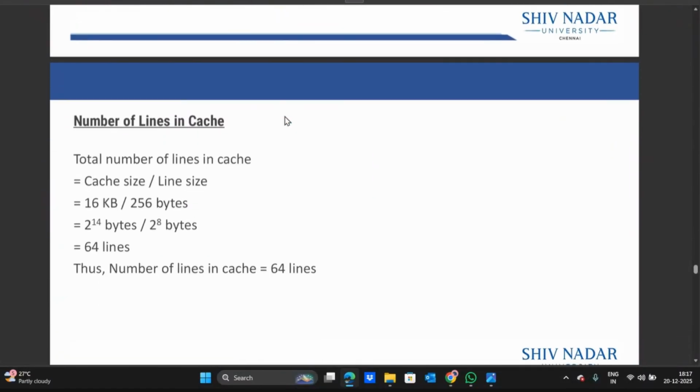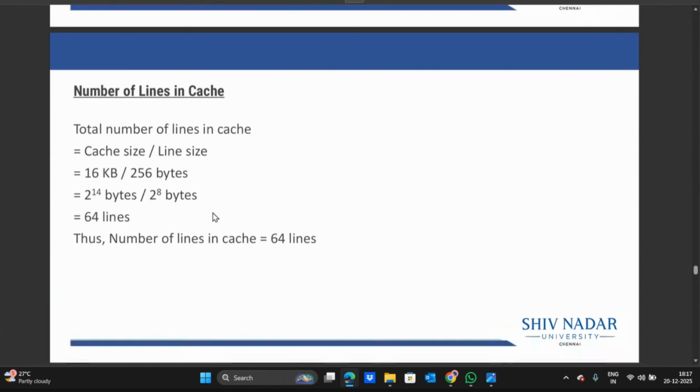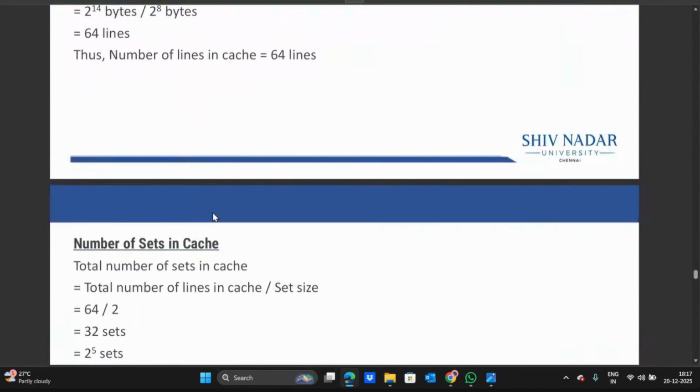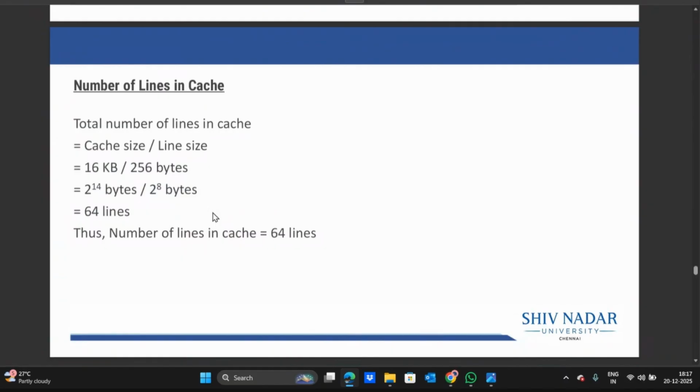First calculate lines: cache size divided by line size, 2 to the power 14 bytes divided by 2 to the power 8 bytes, you get 2 to the power 6, which is 64. So 64 lines. You have found the number of lines.